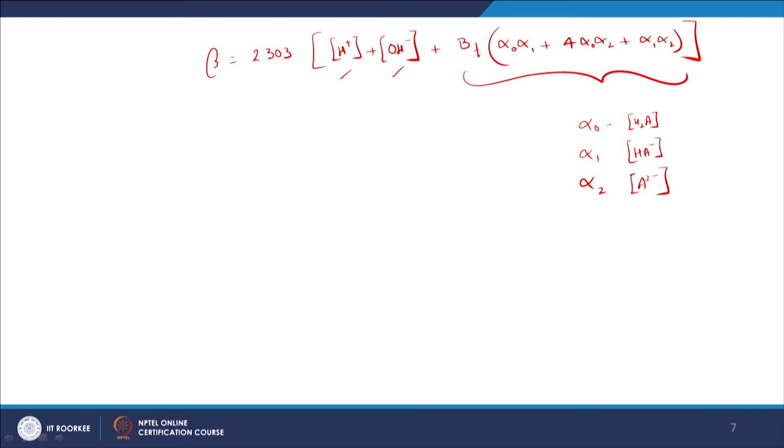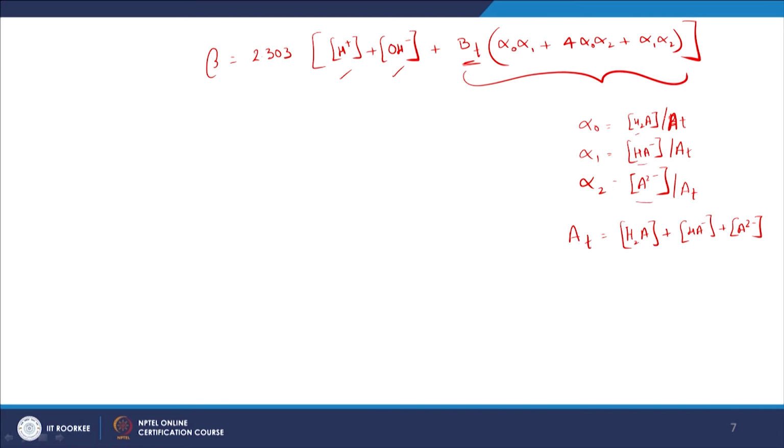The relevant concentrations with respect to the total acid here. And what is the total acid in this case? Which is B total, a different nomenclature here, but that is fine. So that is equal to, as we know, H2A plus HA minus plus A2 minus. Anyway, it is giving you an idea about which particular form predominates, right.